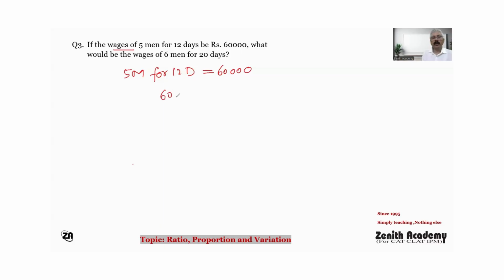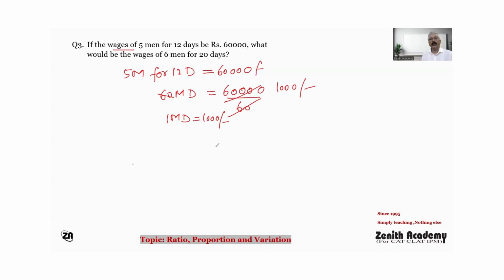It means 60 men's days is equal to 60,000. So one man's day is equal to 1,000 rupees.